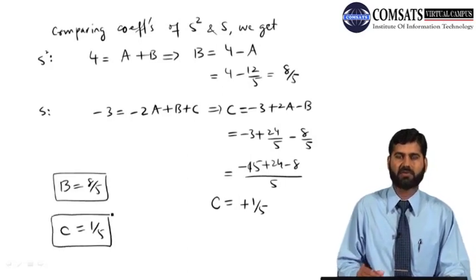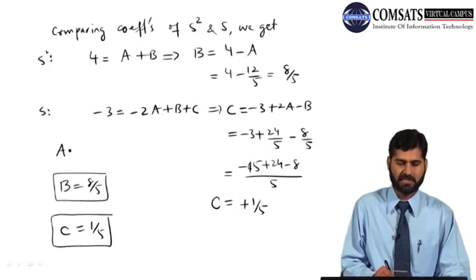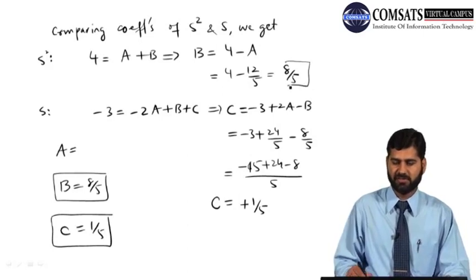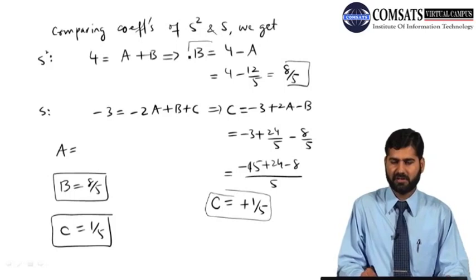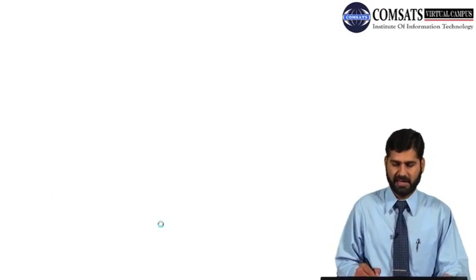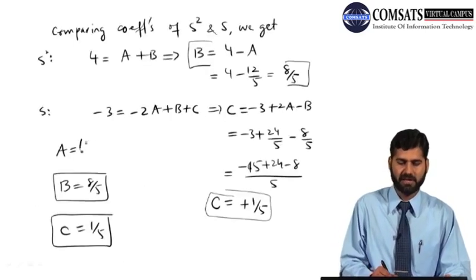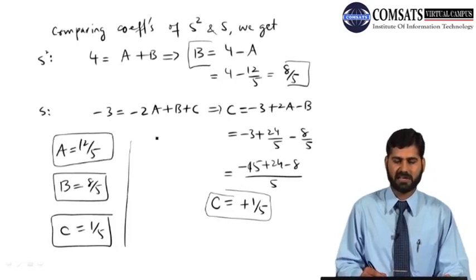So now I got all the coefficients, and A, let me write A as well. This is your B, this is C, and A is 12 by 5. So that is the summary. So you got all the coefficients calculated.